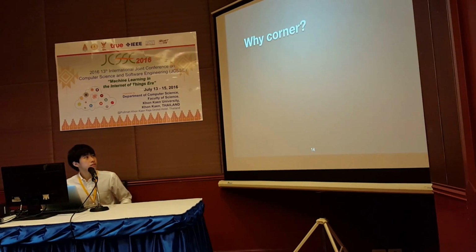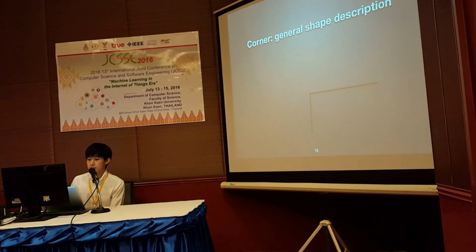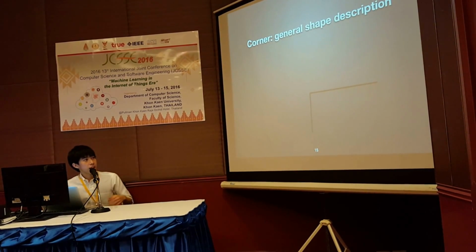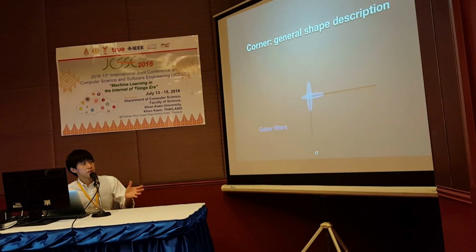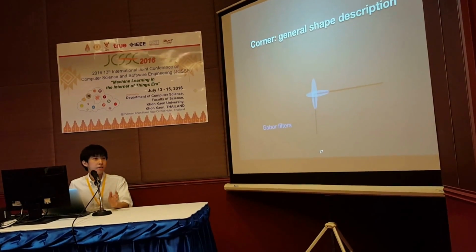Why do we use corners? Firstly, corner is a general shape description. Given a corner of a rectangle, by using Gabor filters, we could detect the change in orientation, and we can assign it as a corner.